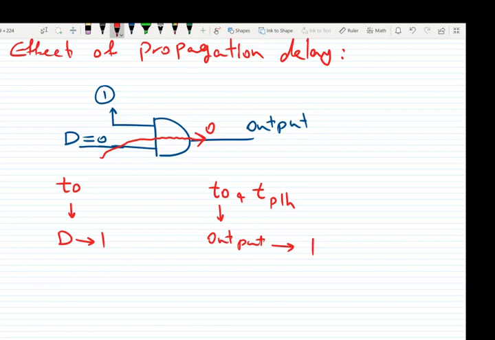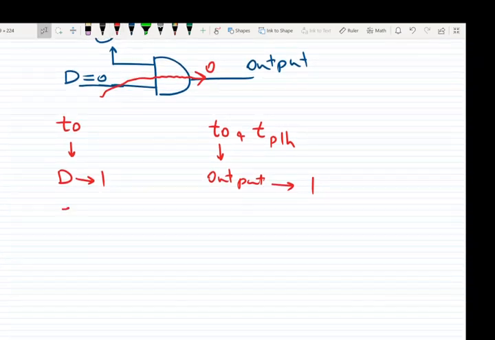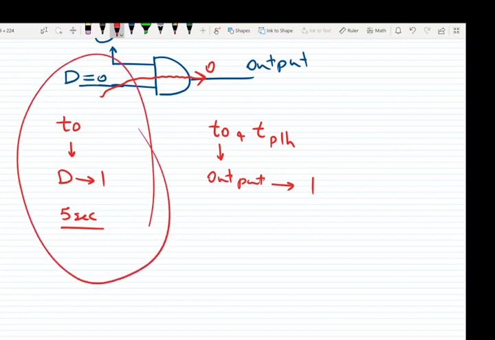So let's assume we have a counter and let's start the counter, and the counter counts from 0 seconds, 1 second, 2 seconds, 3 seconds, 4 seconds, and 5 seconds. Right at 5 seconds, we change D from 0 to 1.